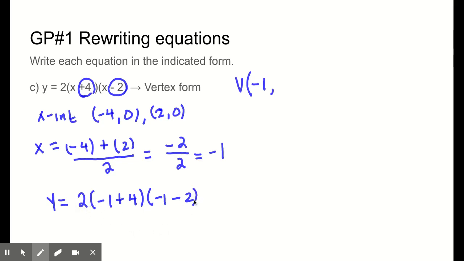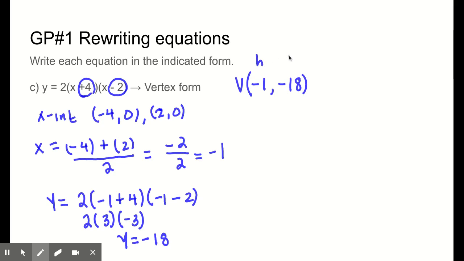So we're going to follow the order of operations here. We have to take care of what's inside the parentheses first. So negative 1 plus 4 is 3, and negative 1 minus 2 is negative 3. 2 times 3 is 6, and 6 times negative 3 is negative 18. So the y value of our vertex is negative 18.